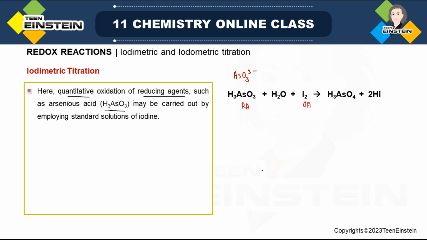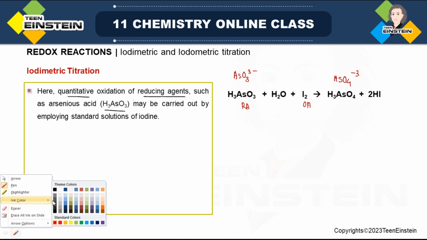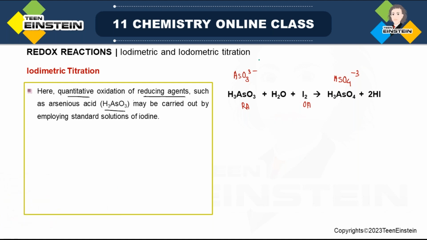If you remove 3 hydrogen, it is AsO3 3 negative, and this side it is AsO4 3 negative. Here the oxidation number, if you do the calculation, is +3. So from +3, as it is the reducing agent, it has lost electrons. So this is basically oxidation.